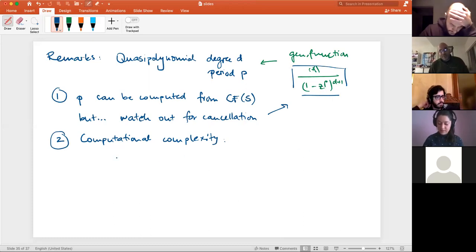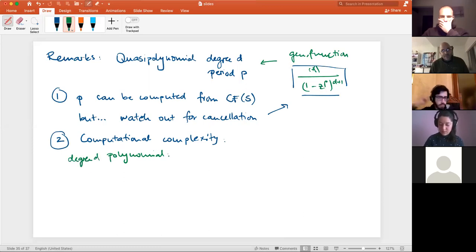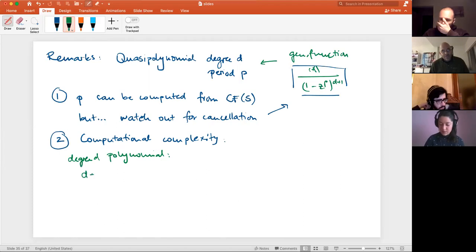At a very basic level, if you have a polynomial of degree d, you need d plus 1 pieces of data, correct?